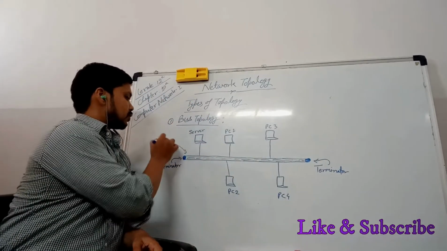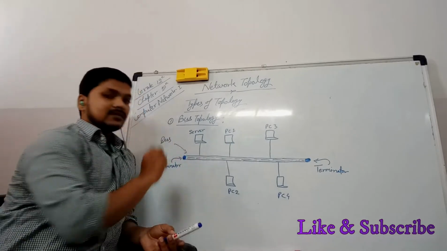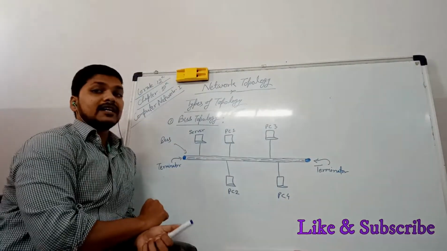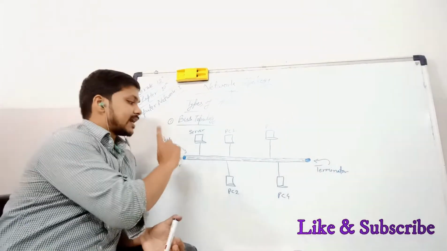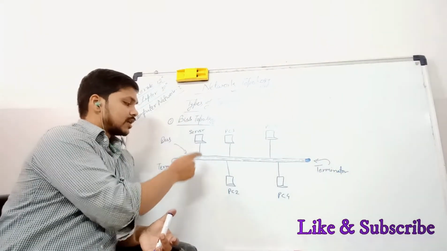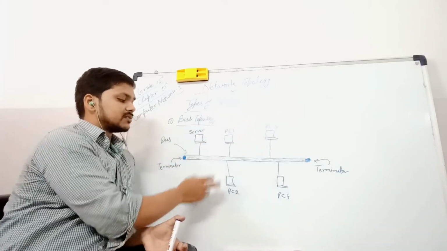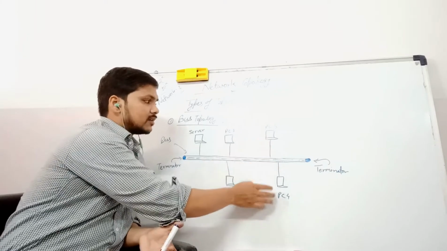This thing is known as what? Bus. And in this bus, or this very thick wire, we can attach a number of electronic devices one by one. For example, I have connected a server computer with this cable. I have connected other PCs: PC number 2, PC number 3, PC number 4, PC number 5.